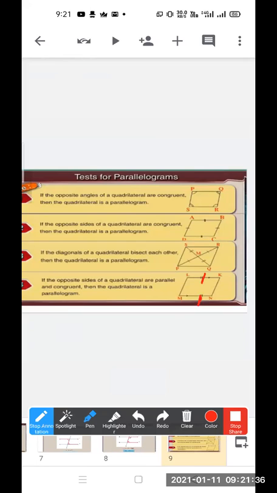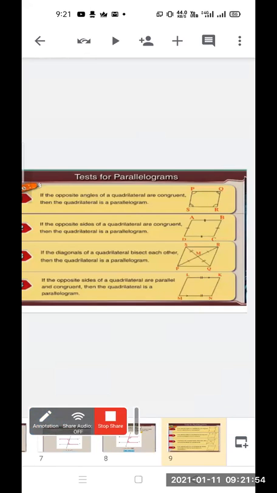Is it clear? So these are the four more important properties we have discussed, and once again we have revised them so that you can remember for a long time. These four properties are called tests for parallelograms, and these tests help us to find whether the given quadrilateral is a parallelogram or not.